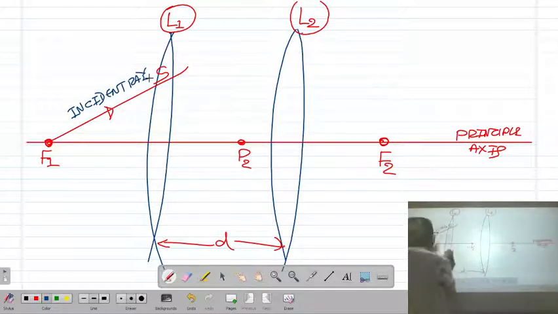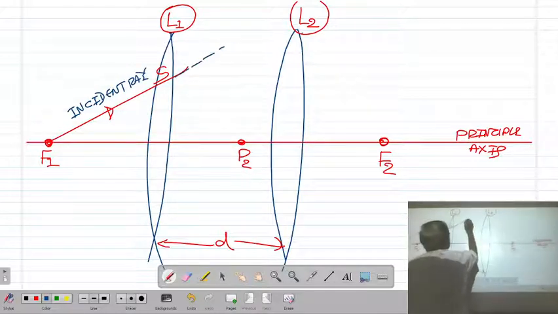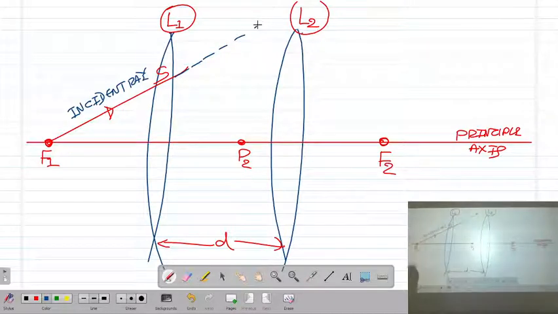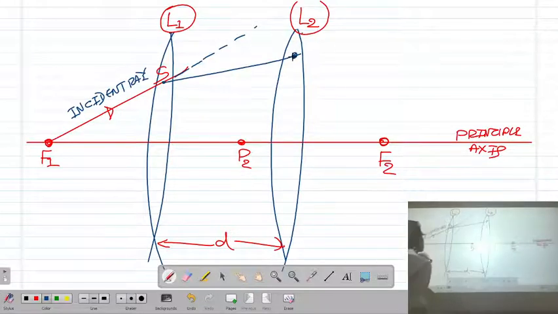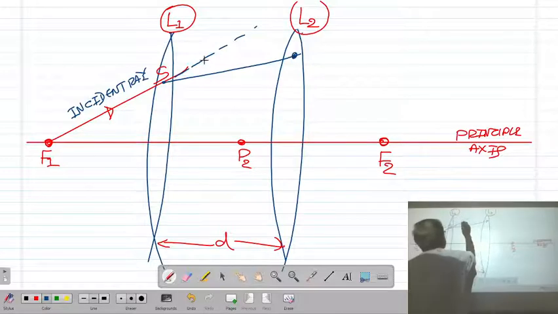So it undergoes refraction in the first lens. Instead of going straight, it will be refracted into the lens system and comes somewhere here. So it undergoes deviation delta 1 in the first lens.